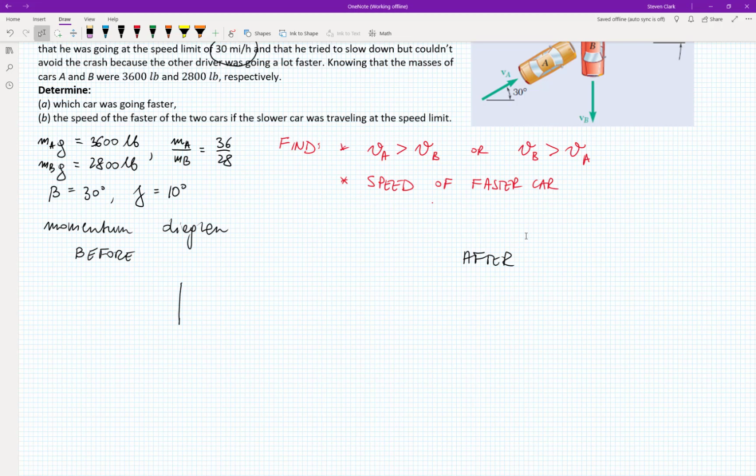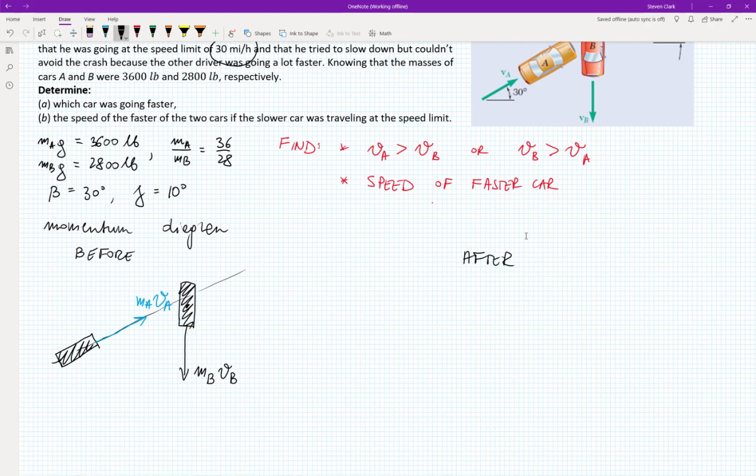We have this car going south, right? So in here we will have MB, VB, and I think that the other car, that was the trajectory, right? So I believe that the other car was going this way. MA, VA. So this is the momentum of each body before they impact each other.